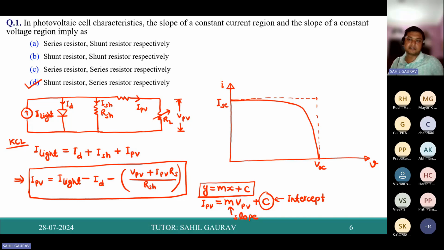When you are calculating the slope for the straight line at open circuit voltage, this constant voltage region, then you will not get an intercept because it has an infinite value, because it is not cutting the y axis, that is the I axis. That is just a hint. Based on that, you can calculate the slope for both regions, the constant current region and the constant voltage region.